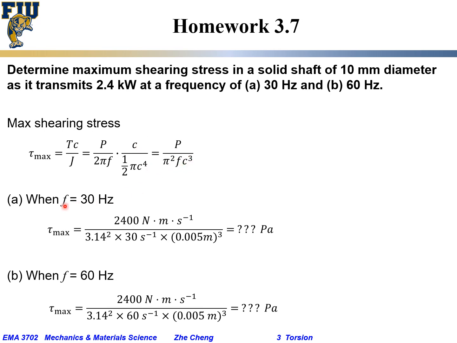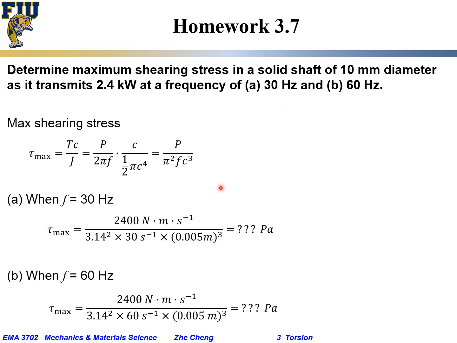Then when the frequency is 30 Hertz, the tau max would be P, 2400 watt, which is Newton meter per second, over pi squared, F is 30 Hertz or 30 per second, and C is the radius to the power of 3.